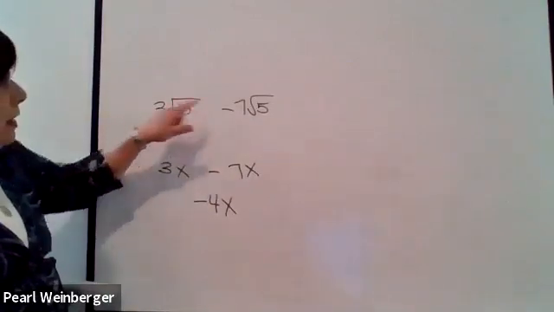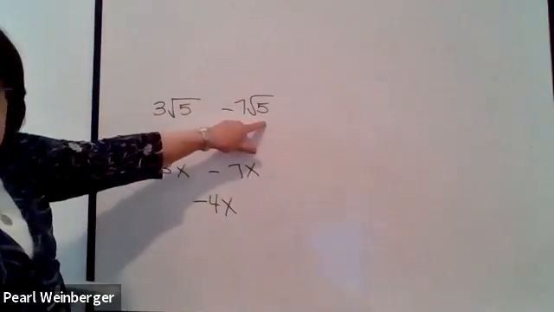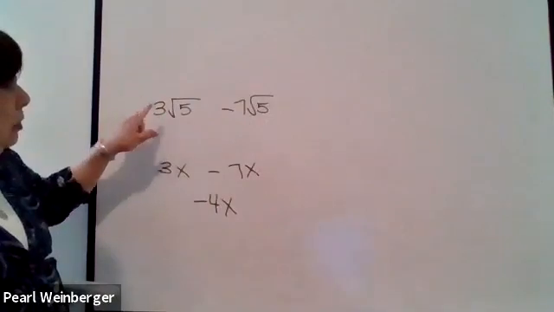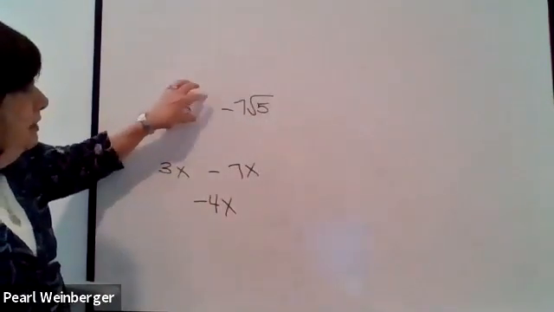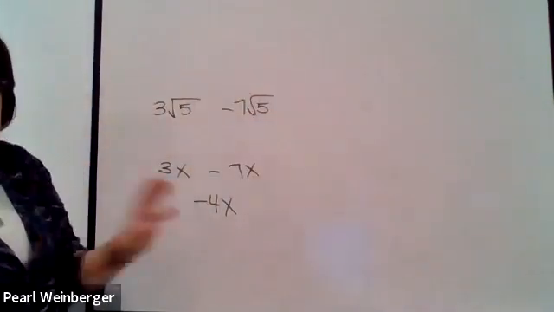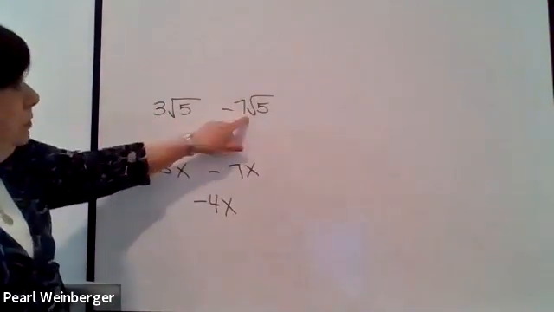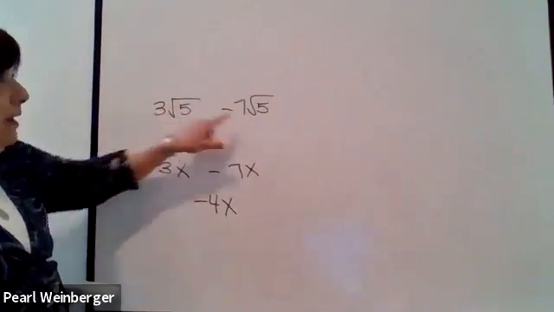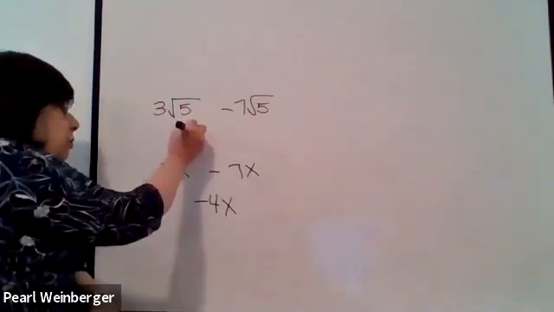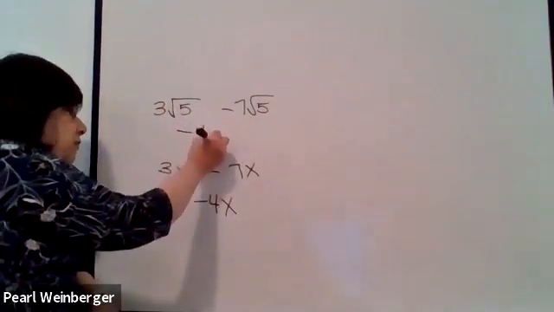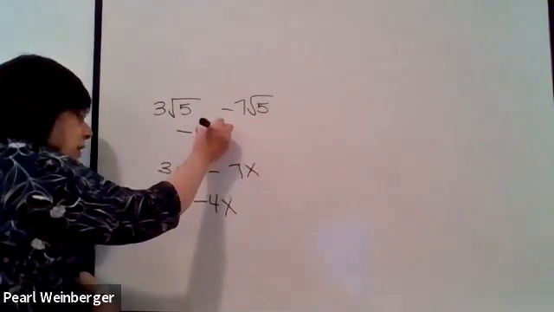When you're combining radicals, you do the same thing. You leave what's inside the radical alone. You do not touch that. You just combine the numbers on the outside. 3 minus 7 again is -4. So your answer becomes -4 radical 5.